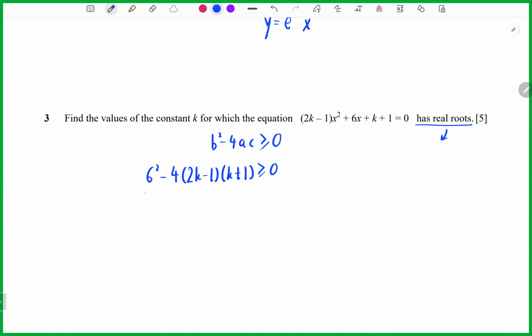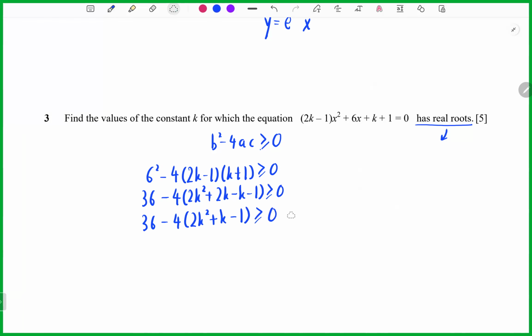So we can write 36 minus 4 brackets, 2k squared plus 2k minus k and then minus 1, more than or equal to zero. Then 36 minus 4 bracket 2k squared plus k minus 1.